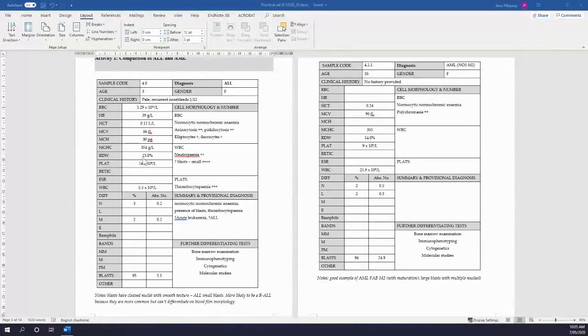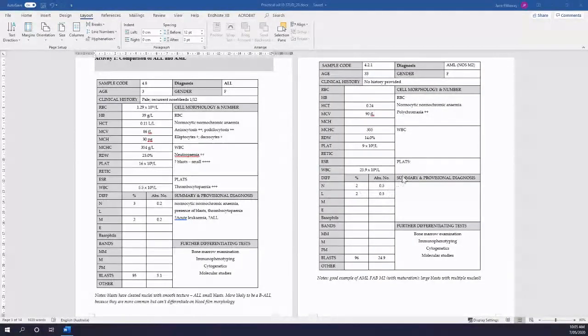She also has a thrombocytopenia. Thrombocytopenia is quite common in leukemias, and the red cell count and white cell count can be quite variable. We can see here that the white cell count is actually normal.